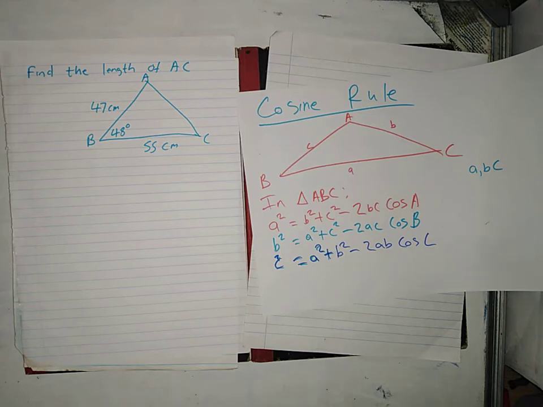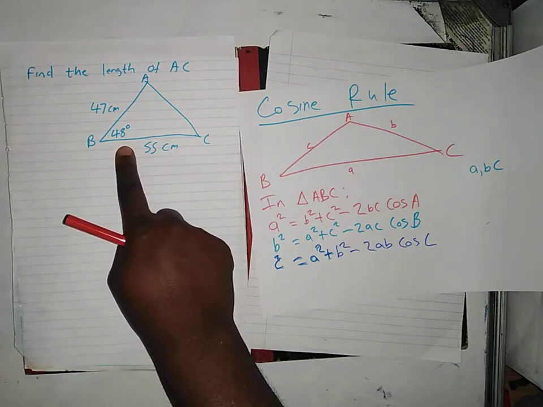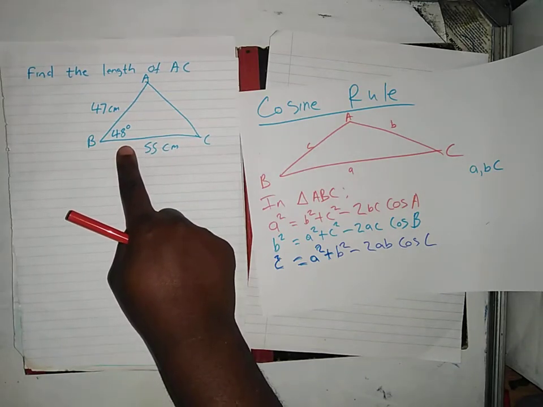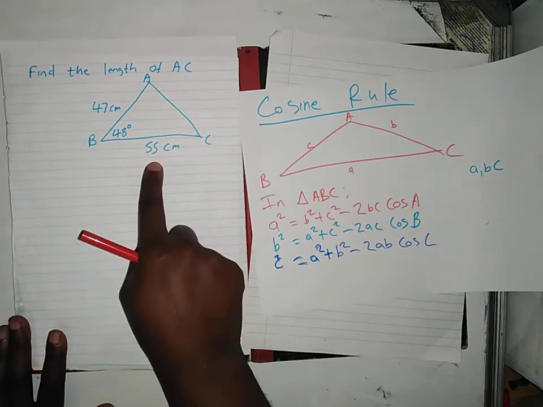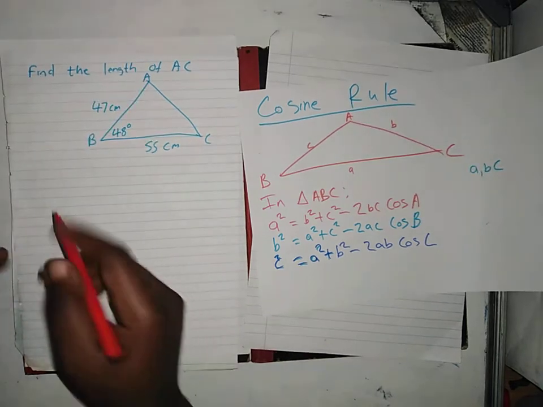It says that there must be either 2 angles and 1 side, or 1 angle and 2 sides. Now here you can see there are 2 sides and 1 angle. Now the question is, can we use the sine rule here?